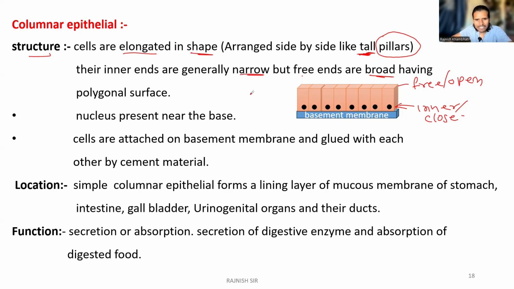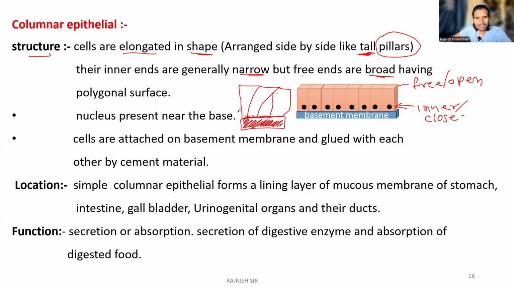So if I just draw it, the free ends are like this, and the below ends are like this. And they are present on the basement membrane. Again, remember, whenever I draw something like this, it is the basement membrane.